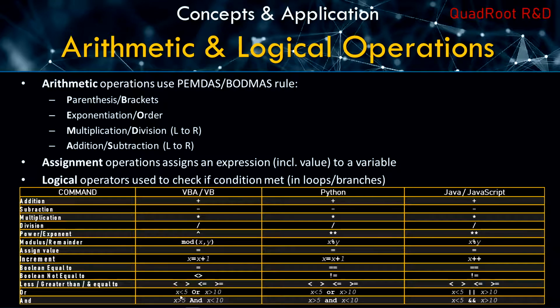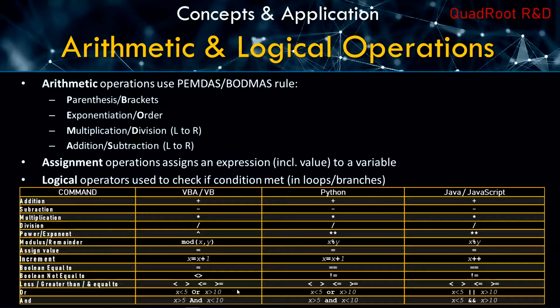You can say x is less than 5 or x is greater than 10 or y is equal to 50 and z is equal to 3 and a is equal to apple. So you could have a combination of OR and AND operators, and you can make a pretty solid check.